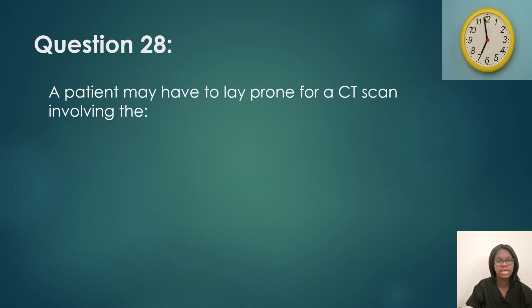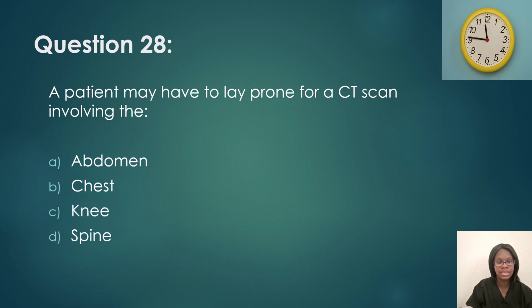Question 28. A patient may have to lay prone for a CT scan involving the A, abdomen. B, chest. C, knee. D, spine.